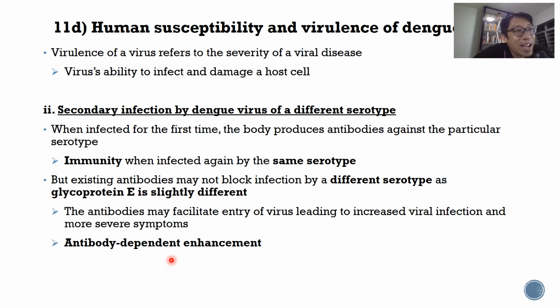So the virus is actually able to continue with the entry step and therefore continue with the rest of the reproductive cycle. This is known as antibody-dependent enhancement, and we observe this when individuals are infected a second time by a different serotype of dengue virus.